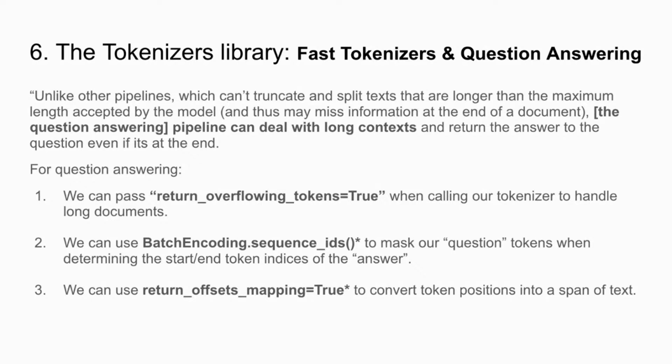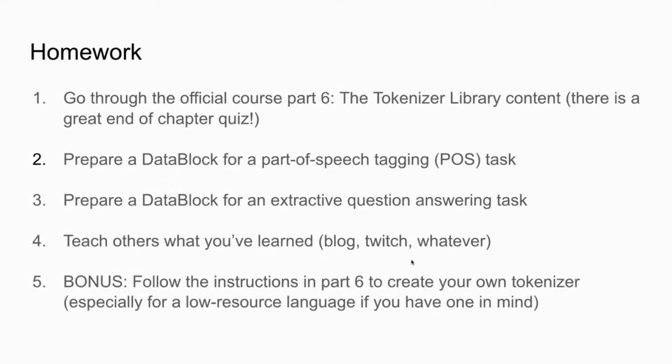So we have to be able to go back and forth from raw character indices to token indices. And so with return offsets mapping equal true, we get that offset mapping key in our batch encoding object. We can use that to accomplish it.